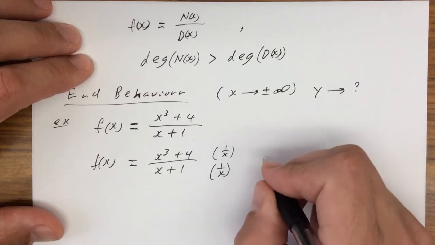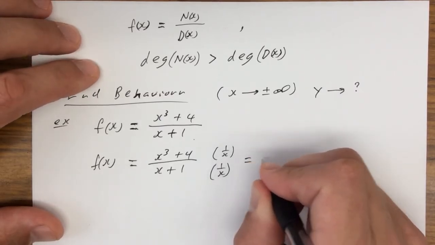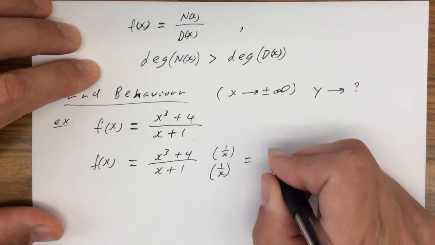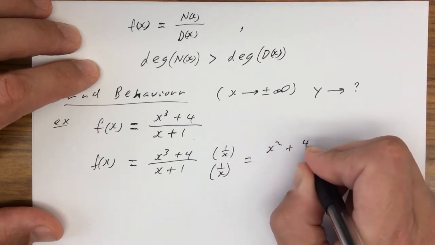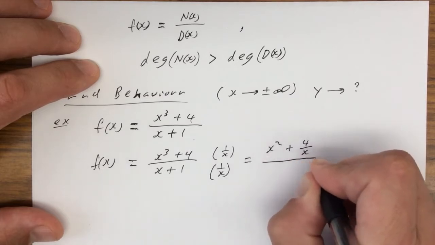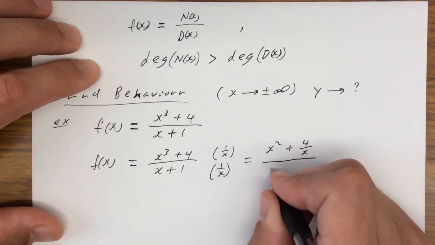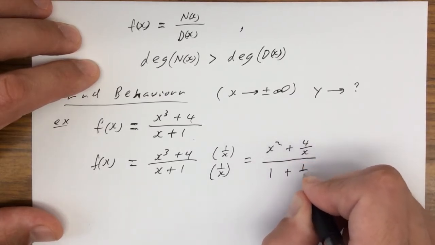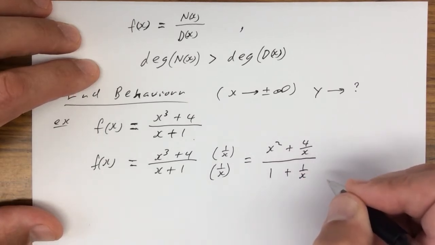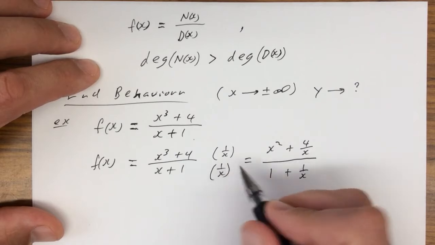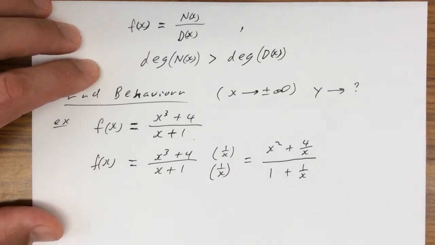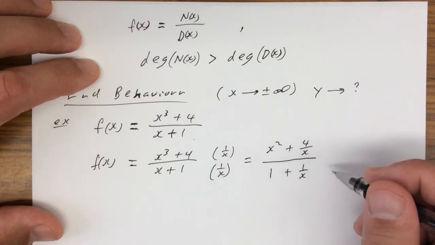And that's going to equal x squared plus 4 over x on the top. And then it's going to be 1 plus 1 over x on the bottom. And this is okay, you can't have x equal to 0, but looking at end behavior that's fine, because I'm looking at when x goes to infinity or negative infinity. So we can do this.